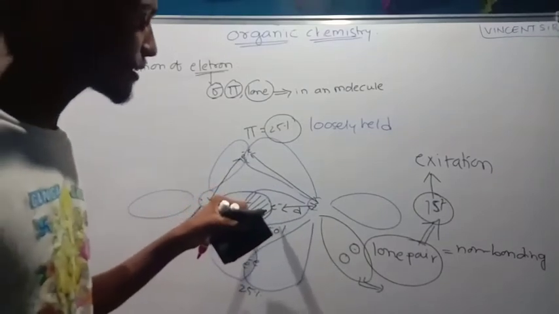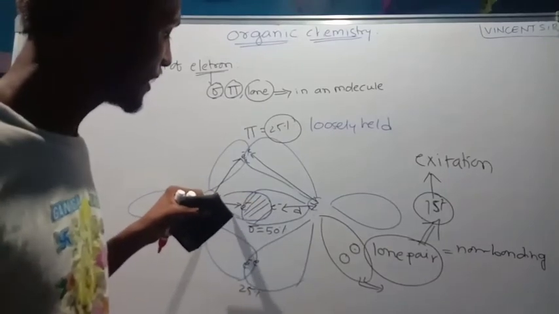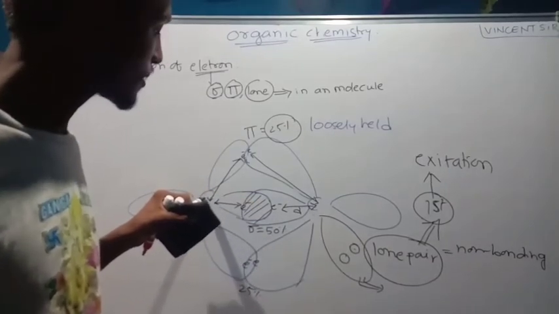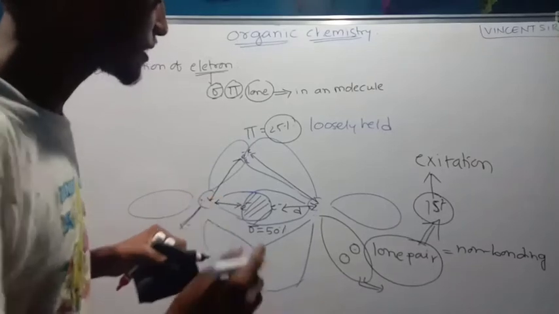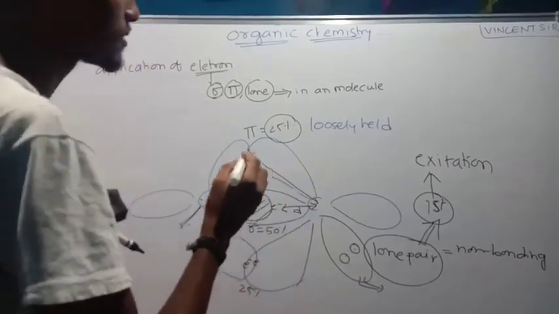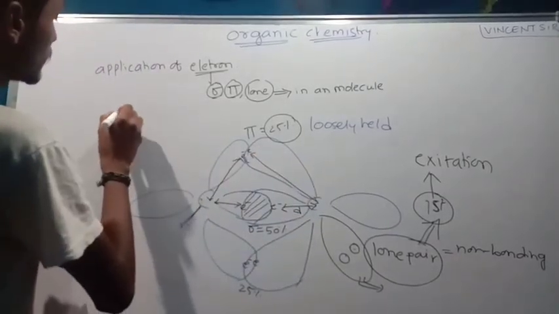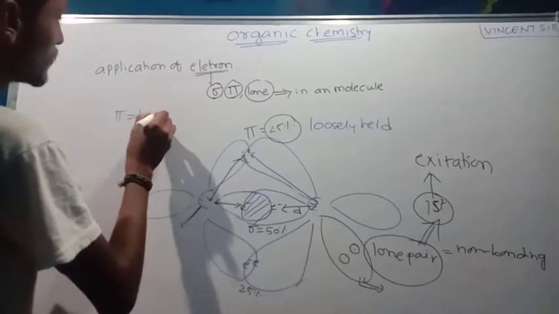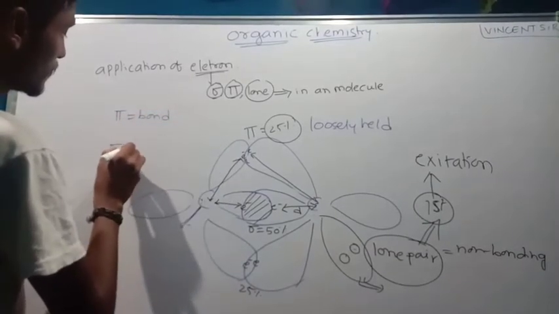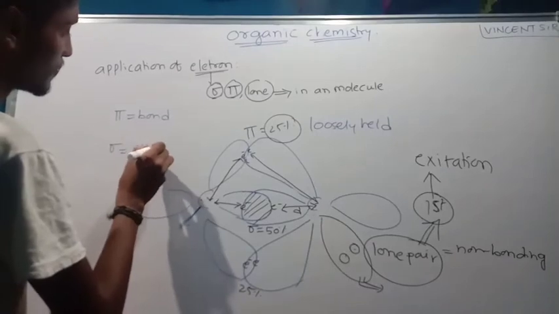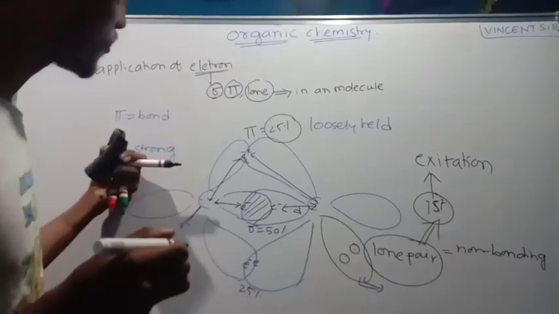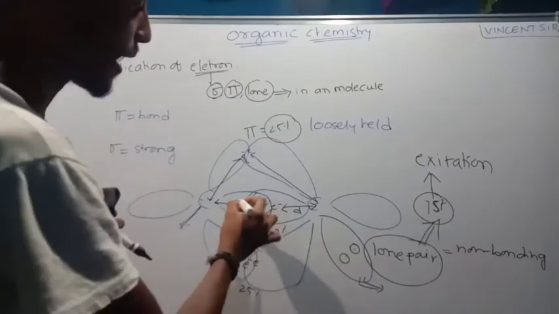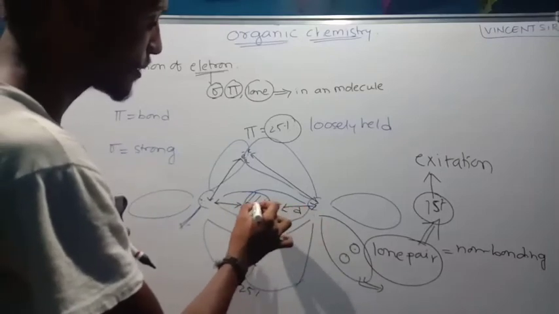And the sigma electrons are strongly held with the protons present in that molecule, that's why the sigma bond is strong. It means there is a maximum overlapping of the atomic orbitals.